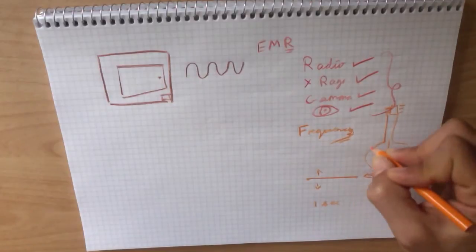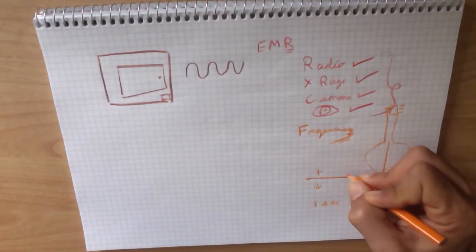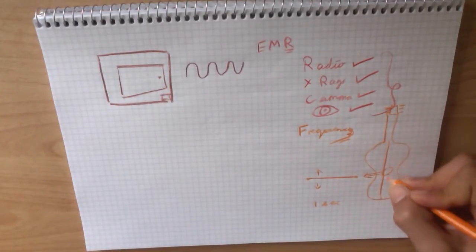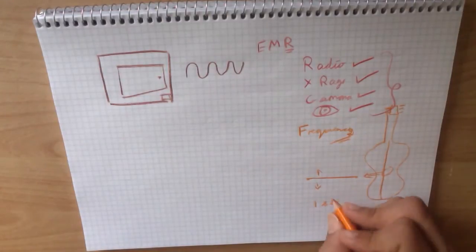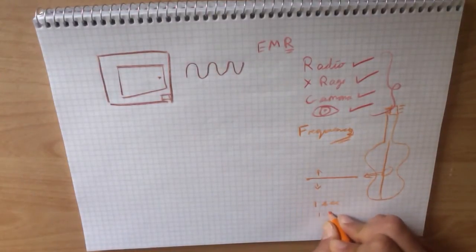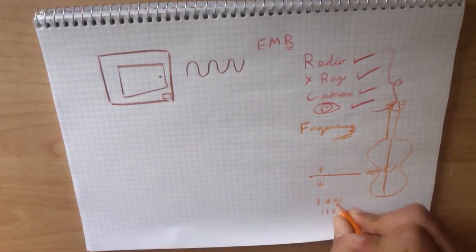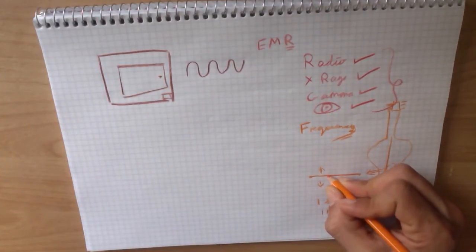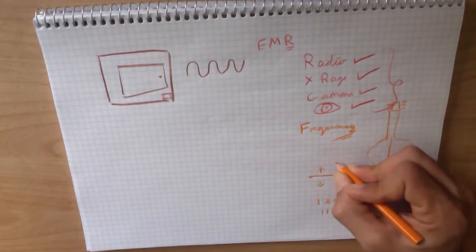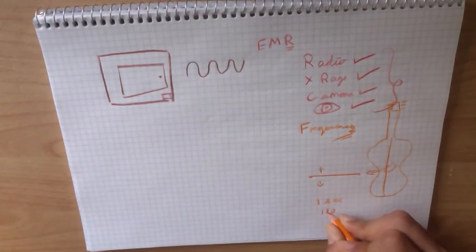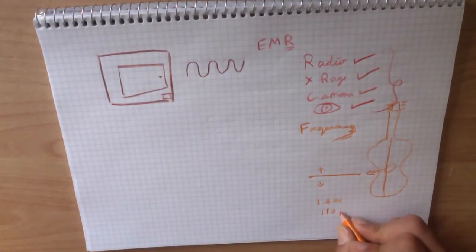It's called the frequency of that particular wave. So, for example, the A string in a guitar has a frequency of 110. That means in 1 second, the string is moving 110 times up and down. So its wave is 110 hertz.